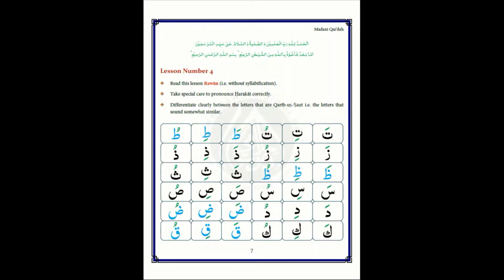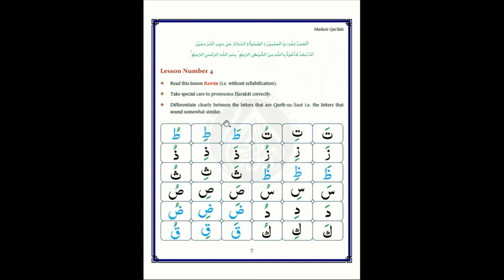Today, basically, we will continue the lesson number 3 methodology, where we got an introduction to harakat. But more importantly, in this lesson, we will learn how to differentiate different letters. Let's say this ta, ta, we need to differentiate between these two clearly when we pronounce them.